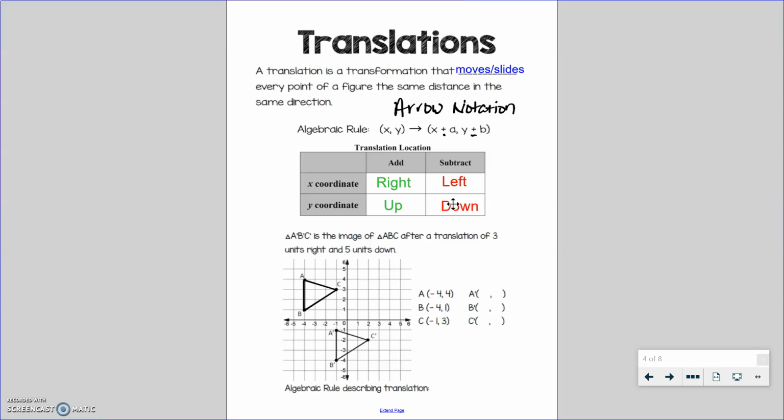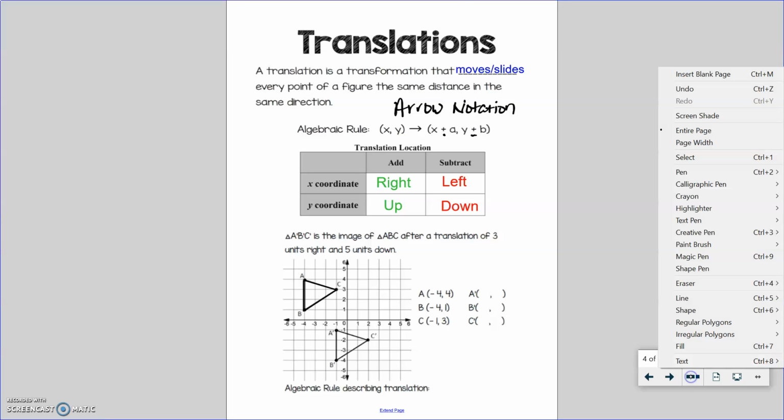So let's take a look at our first example. It says that triangle A prime, B prime, C prime is the image of triangle ABC. So that means A prime, B prime, C prime is the new figure, and triangle ABC is the original figure. It is transformed after a translation of 3 units to the right and 5 units down.